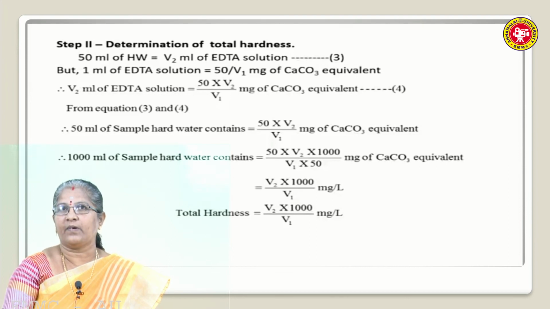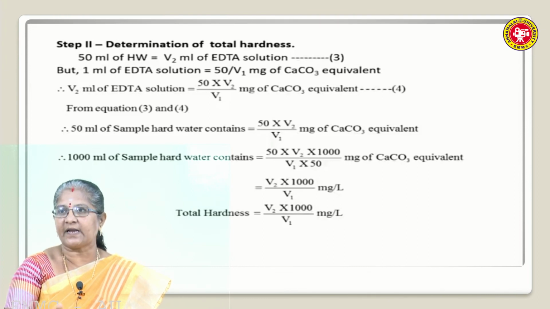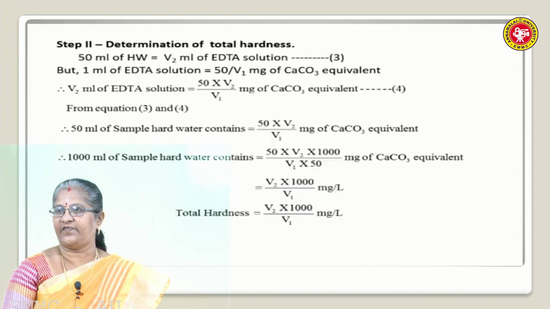Always ppm or unit of hardness is spoken in terms of liters, isn't it? So, 50 ml contains this much, which means 1000 ml, that is 1 liter of sample water, may contain 50 into V2 by V1 into 1000 by 50. This will give you total hardness present in 1 liter of water, isn't it?